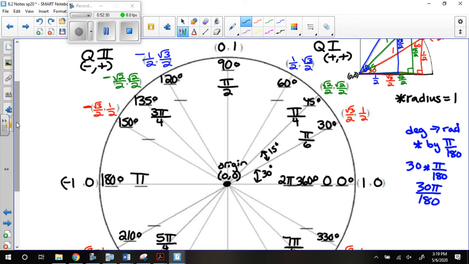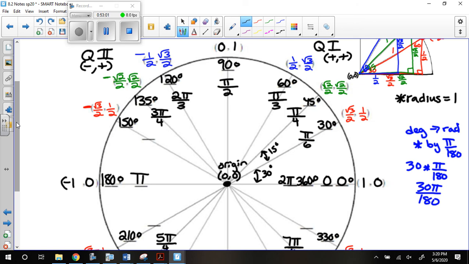Then 60 degrees would be 2 pi over 6, but 2 over 6 reduces to pi over 3. 90 degrees would be 3 pi over 6, which reduces to 1/2. Then 120 degrees would be 4 pi over 6, but that reduces to 2 pi over 3.